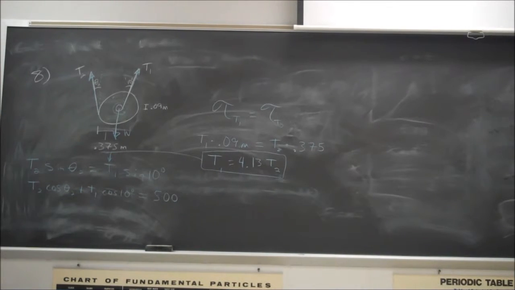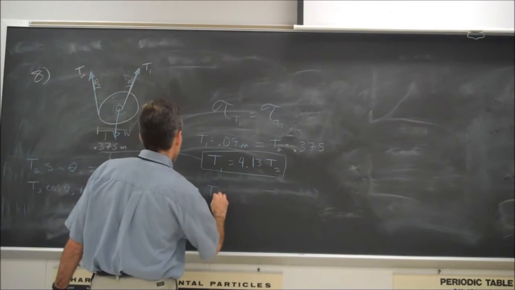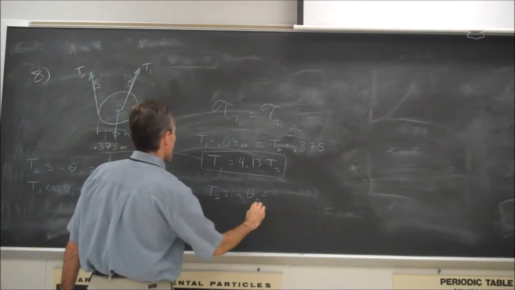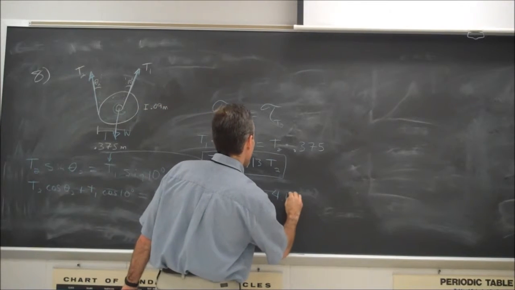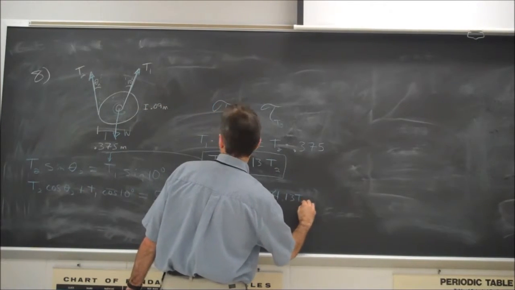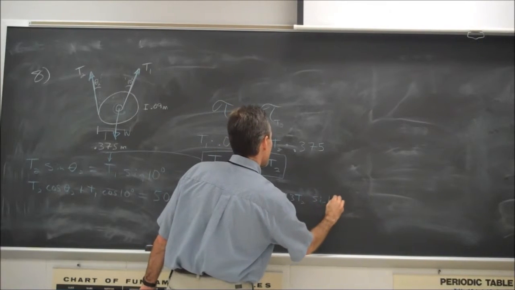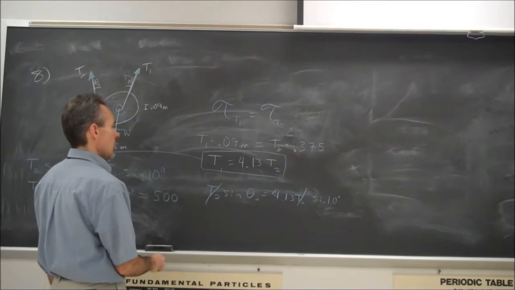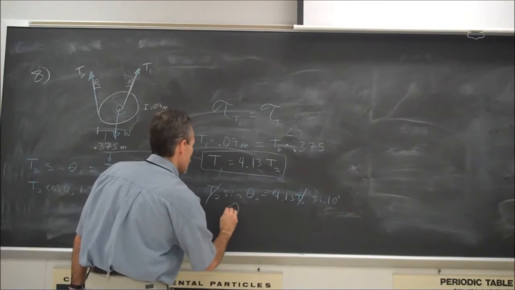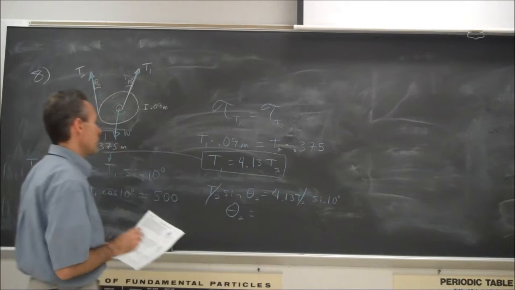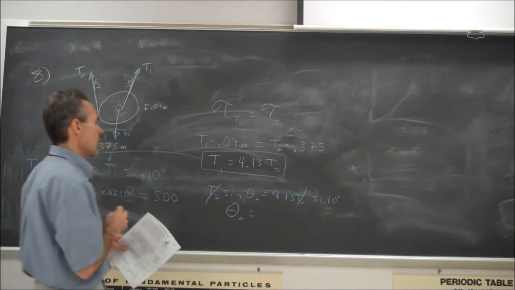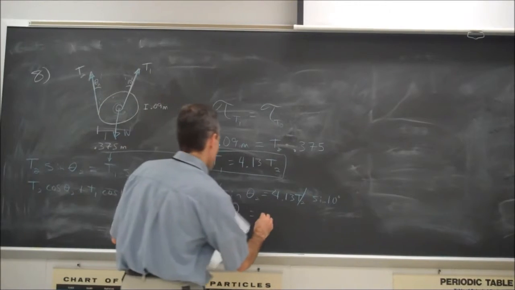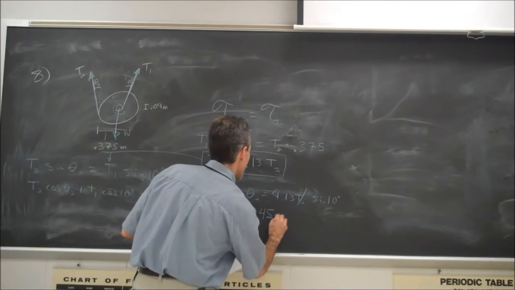And so what I'm going to get is T2 sine of theta 2 equals 4.13 T2 sine of 10 degrees. The T2's will cancel. And now I can figure out what theta 2 is. Theta 2 will end up being the inverse sine of 4.13 times sine of 10. And so I get an angle of 45.9 degrees.